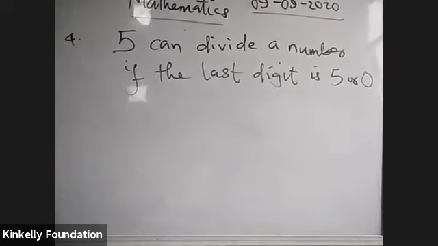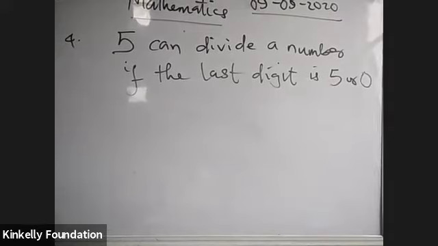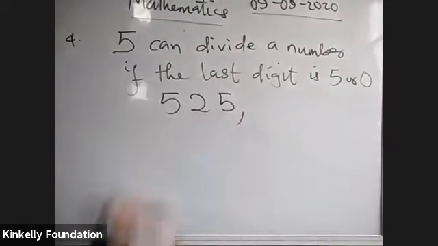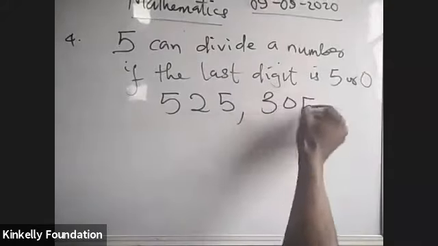Okay, Favor, give us 2 numbers you know that end with 5. 125. 525, correct, is divisible by 5. And another one. 305. Okay.